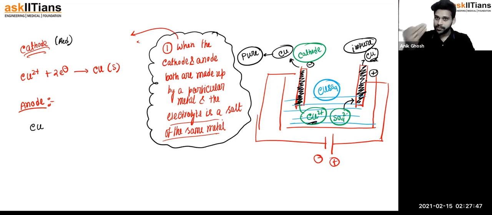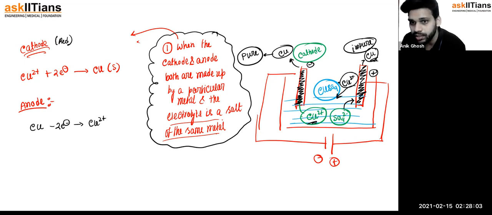This copper gives up its two electrons to that electrode, and itself becomes Cu2+, and it falls into the solution as Cu2+. So what happened just now? Cu2+ from the solution went to the cathode, and Cu2+ from this electrode went to the solution.